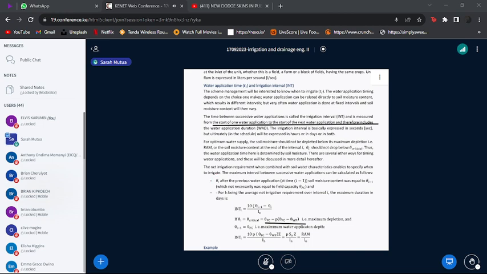Then, I was talking about the optimum. If you want to optimize your system, you need to not allow your moisture content to fall below readily available moisture.